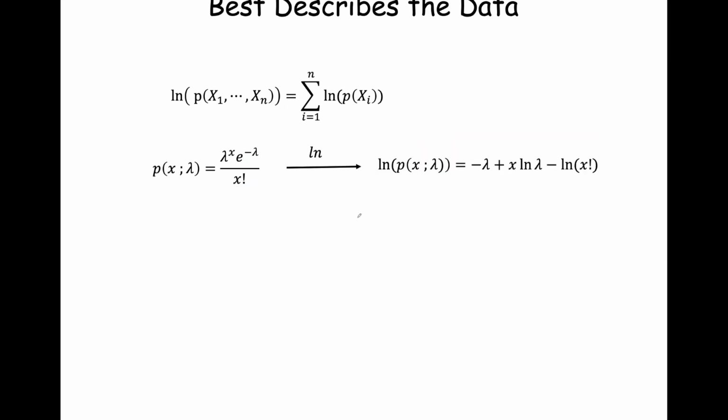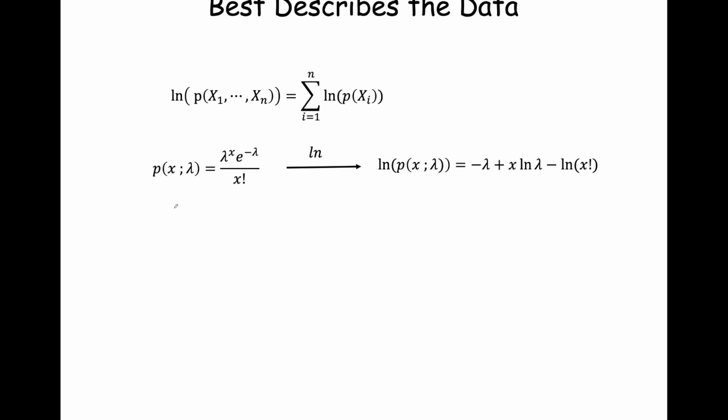So what we get is the log of p of x, where p of x is lambda to the x power e to the minus lambda over x factorial. That's going to be minus lambda plus x ln lambda minus ln of x factorial. So where does that come from?